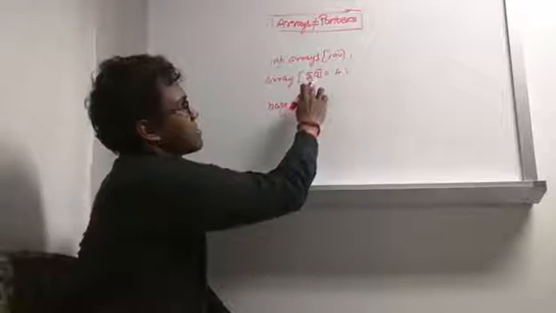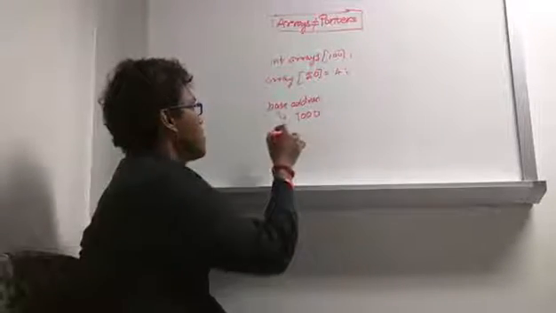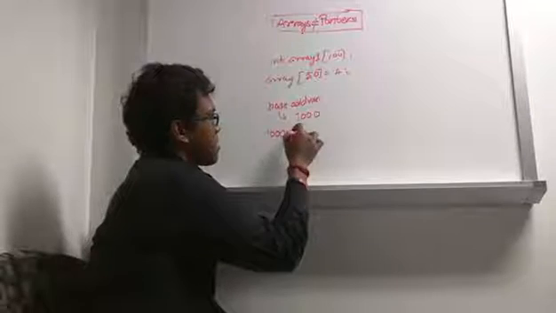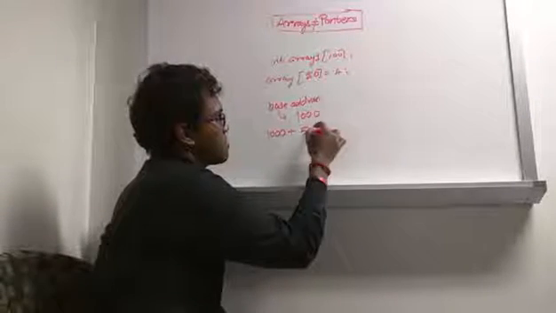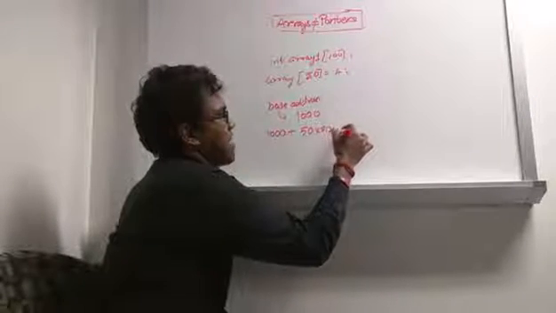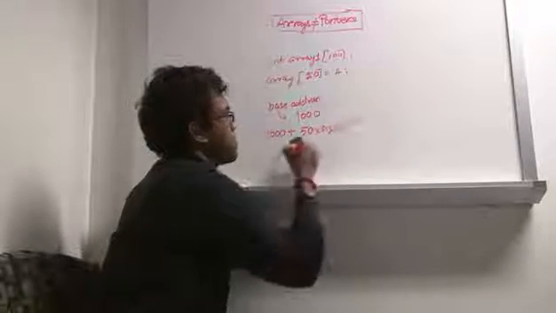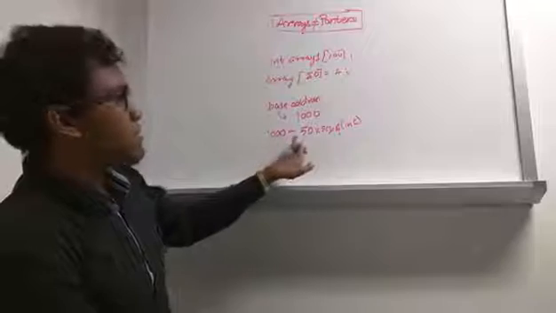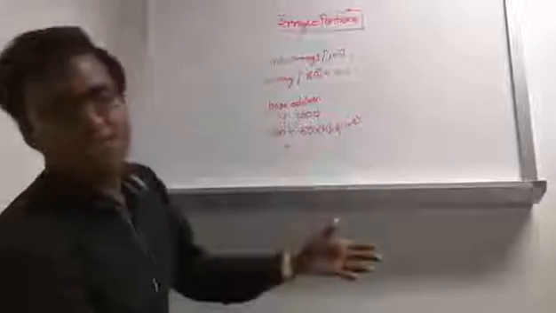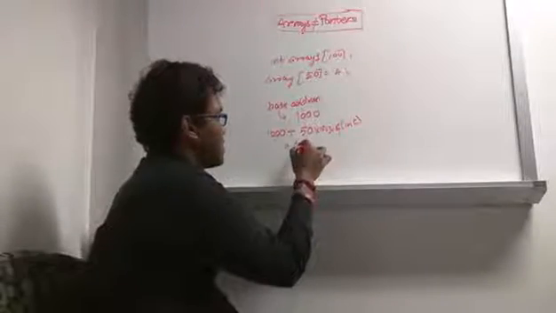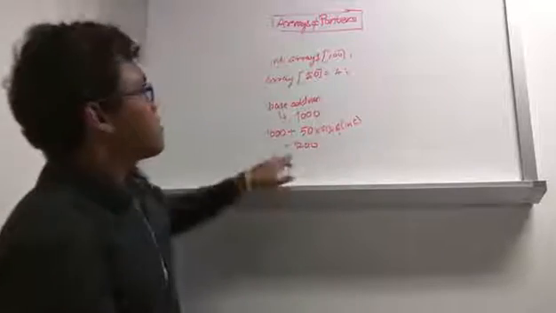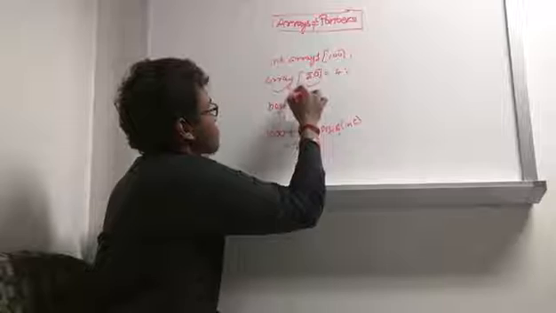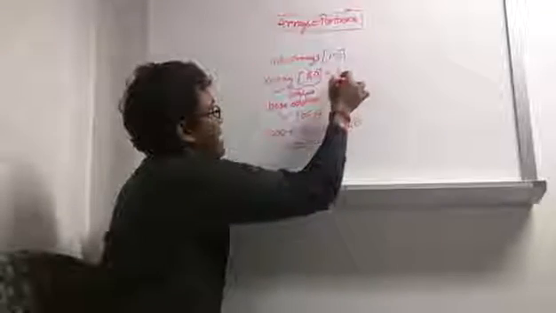So since you're going to access the 50th location, it would be 1000 plus 50 times the size of an integer. The size of an integer is 4, so it would be 1000 plus 50 times 4, which is 1200. So that way it would calculate the L value of this, and it would go and write 4 into that.